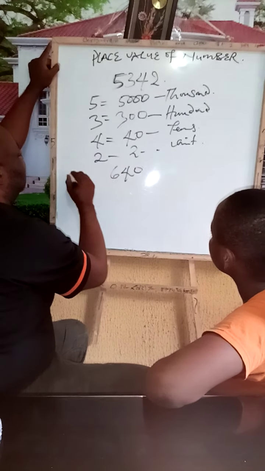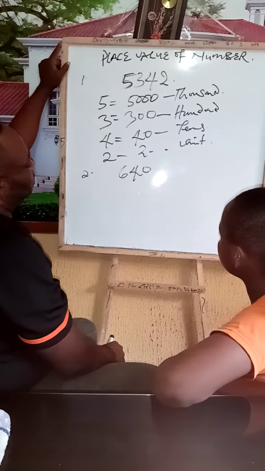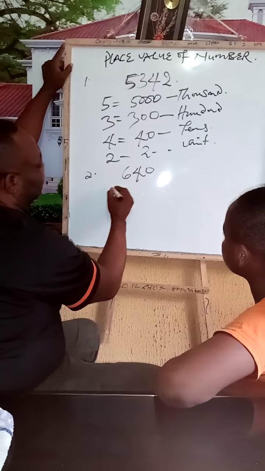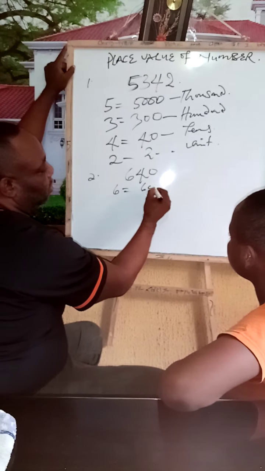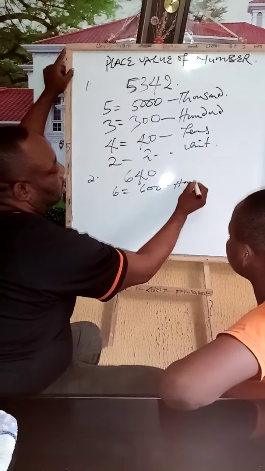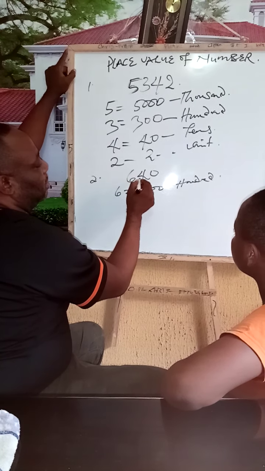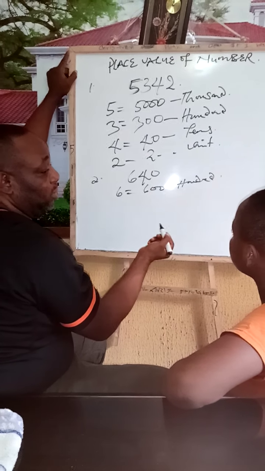Then, if you are given something like 640, that is number 2. Find the place value of these numbers. So when you look at this, 6 is for what? 100. That is 600. With 2 zeros, that is 100.